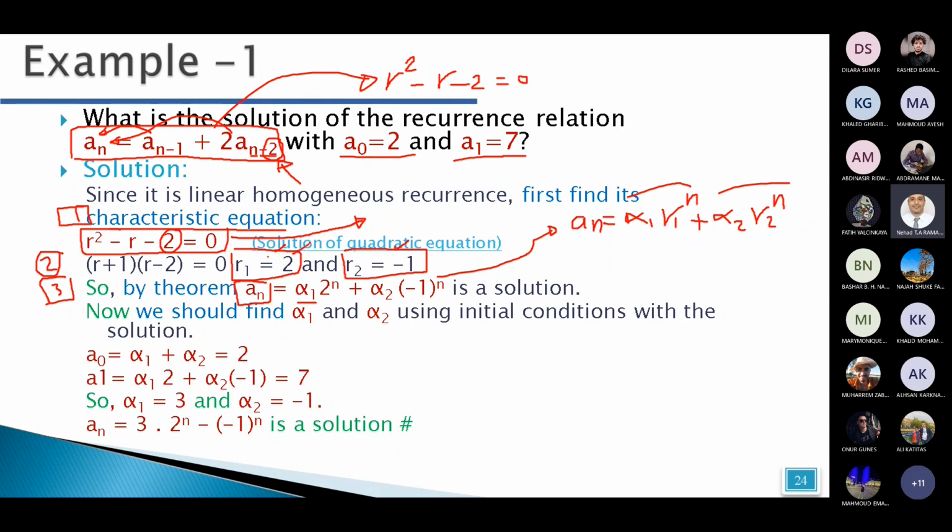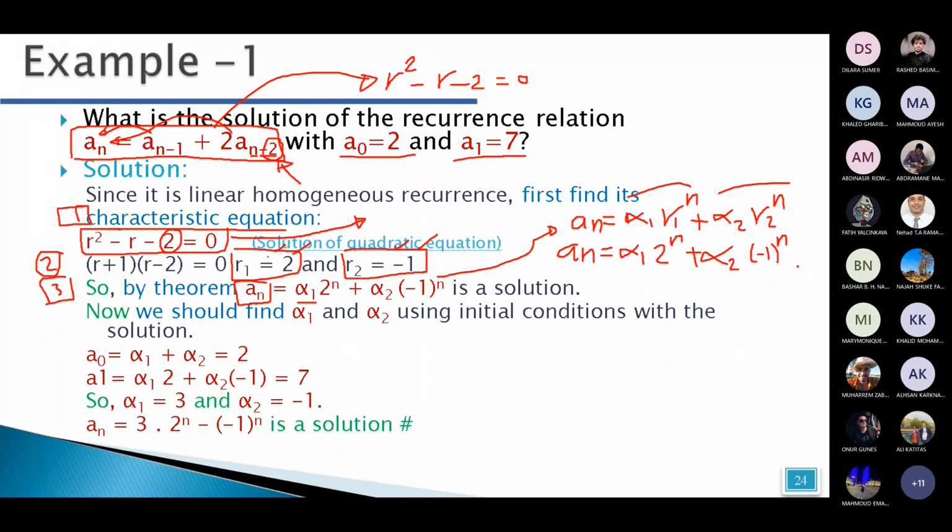We already have R1 and R2. So a_n equals alpha 1, which we still don't know, and instead of R1 we put its value, which is 2, to the power n, plus alpha 2, and instead of R2 we put its value, minus 1, so minus 1 to the power n.